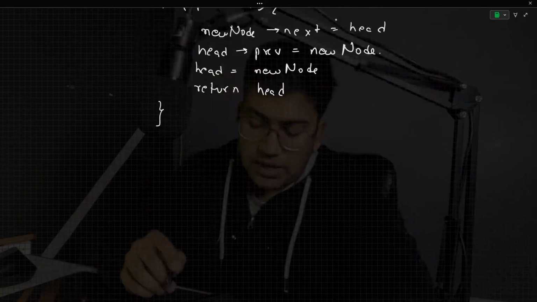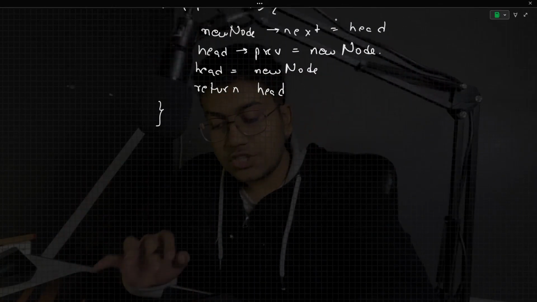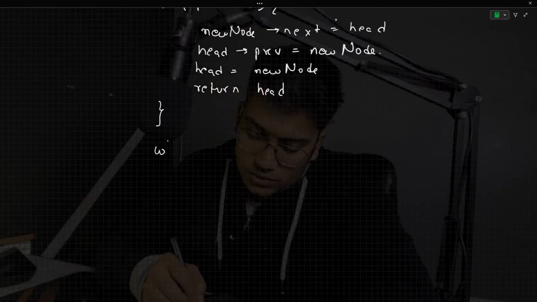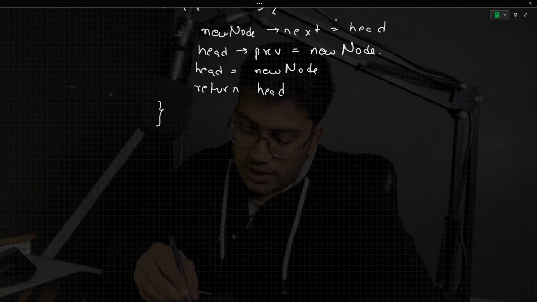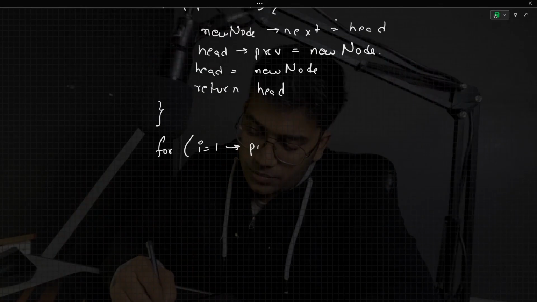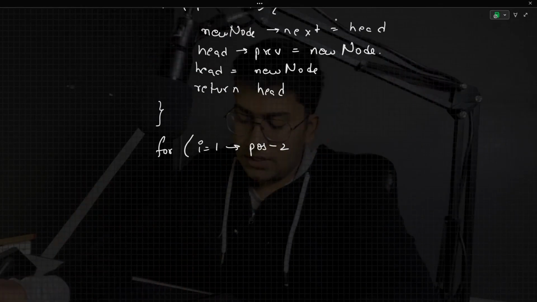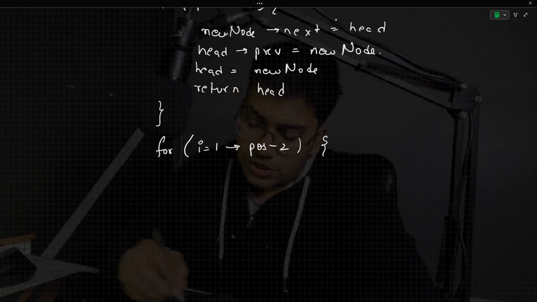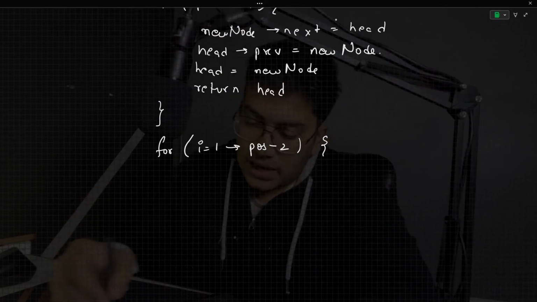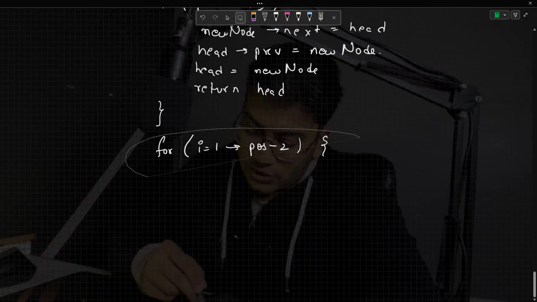Now the next thing, we have to traverse to reach the node that is just before the position. So rather than using a while loop, let's use a for loop. For i equal to 1 to position - 2, and what you do is you perform the jump, which is temp is equal to temp's next. But for using temp, I also need to have the node temp itself.